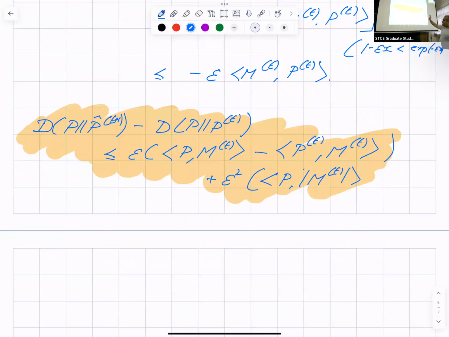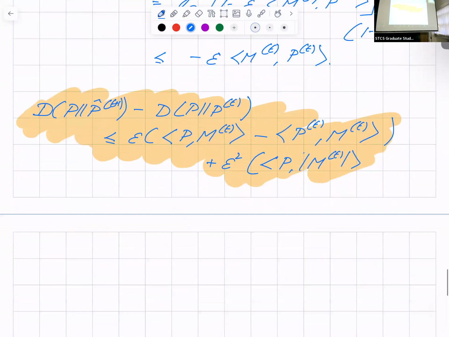And this would have been true even for our original analysis of the MW algorithm, where P hat T plus 1 was PT plus 1. Now we have the extra fact that PT plus 1 is actually the projection of P hat T plus 1.